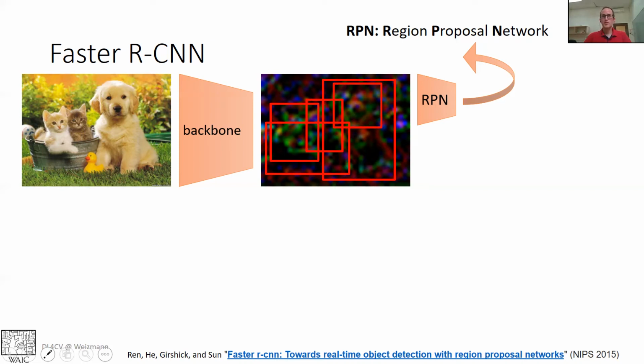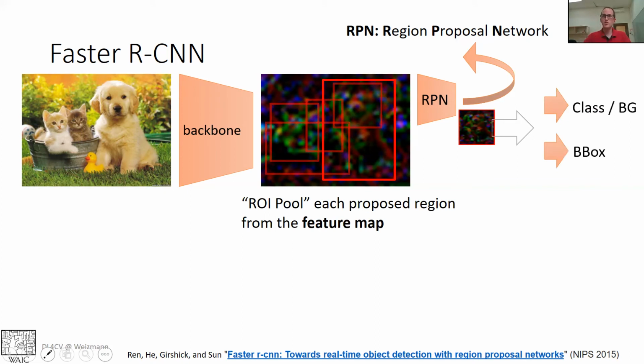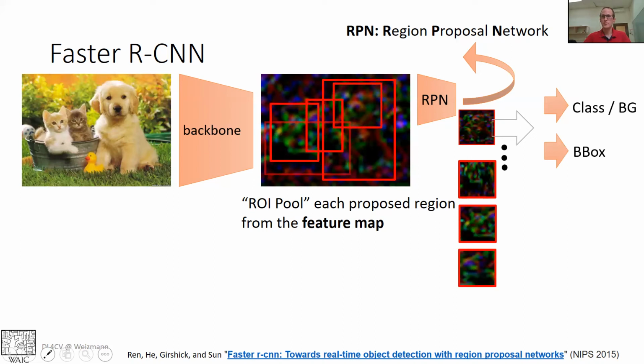And once we have these salient and interesting regions in the feature map, we can take each and every one of these regions and apply classification and bounding box regression to it.